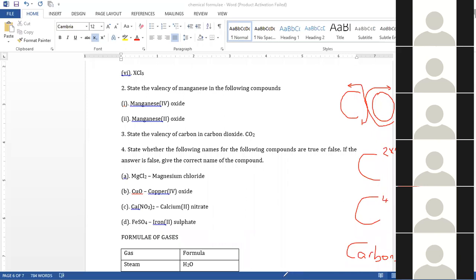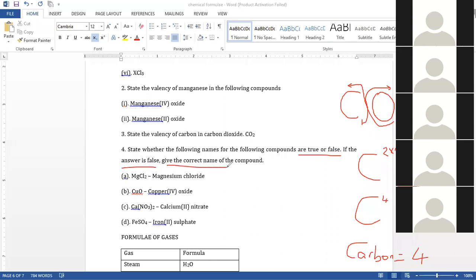Kale, let's start. Number 4. Angel Tongo, you can read the question. State whether the following labels for the following compounds are true or false. If the answer is false, give the correct name of the compound.